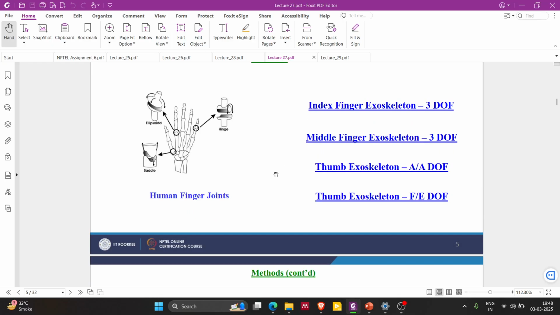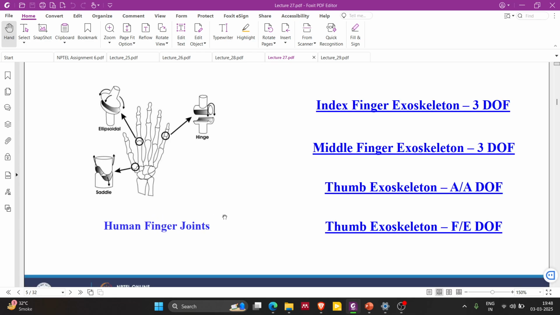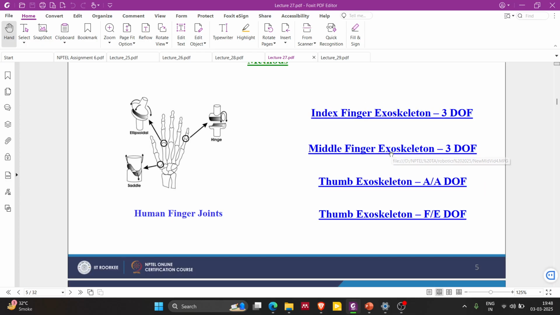So I think it should be, yeah, but I think thumb 3. For the index finger they have used something called an ellipsoid joint. The ellipsoid joint has 2 degrees of freedom, and there is a hinge joint which has 1 degree of freedom.